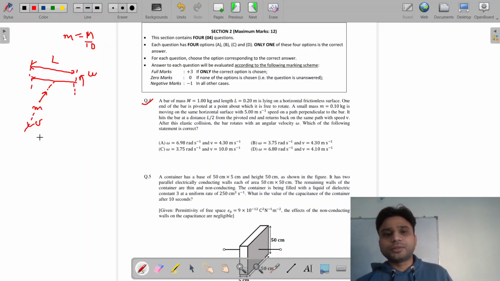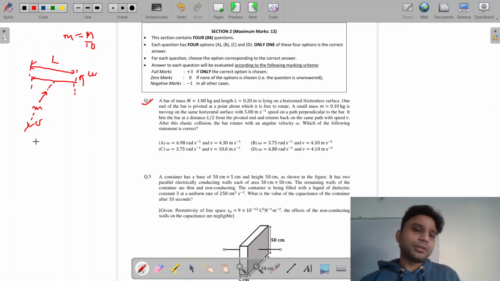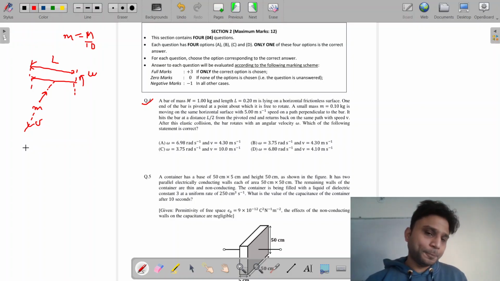So the question is pertaining to the chapter of rotational mechanics. We need to use conservation of angular momentum.